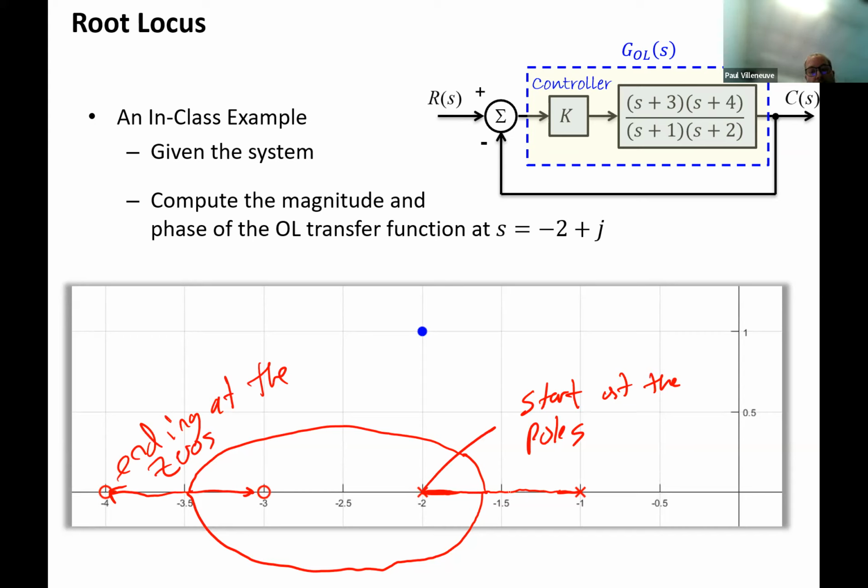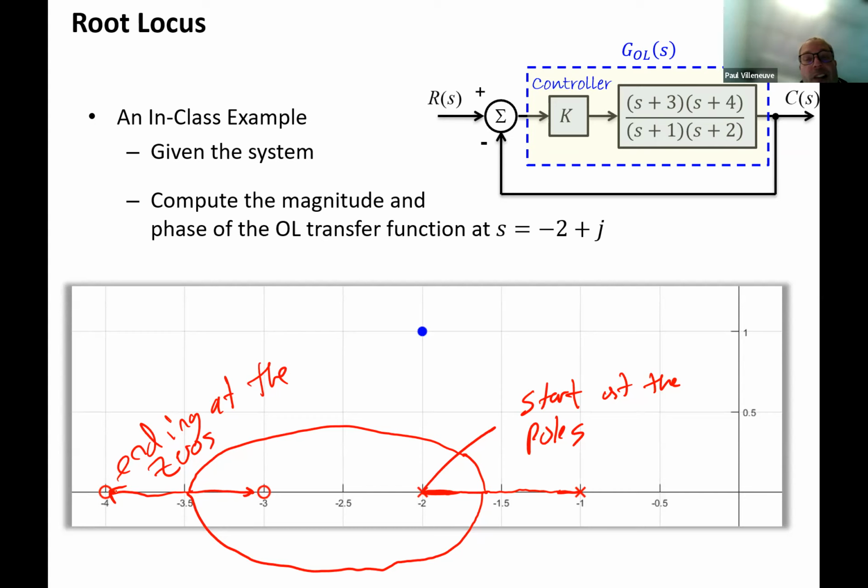They're starting there, but they can't terminate. We would need a zero to terminate. So we have to leave this real axis and go complex until such time that we get back onto the real axis. And as K continues to increase, we start to get closer and closer to those zeros that we have.